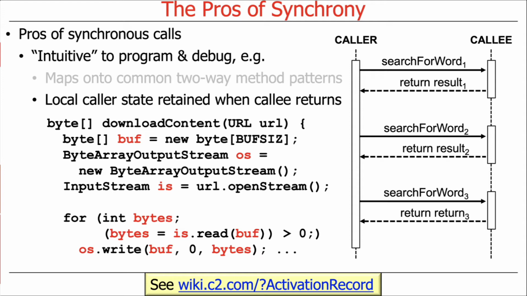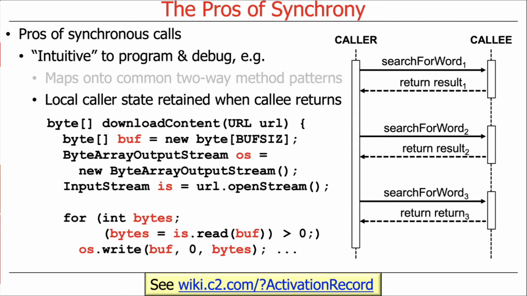And then it's going to go into a loop, and it's going to make a method call here to a read method and a write method, which of course will push those method calls onto the runtime stack to carry out the operation behavior of reading and writing, respectively. But notice how these local variables, including this bytes local variable, when read returns and write returns, bytes and buff and OS and IS all still have their same value as before.